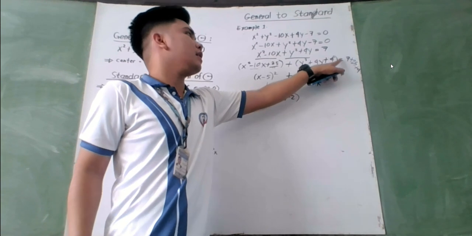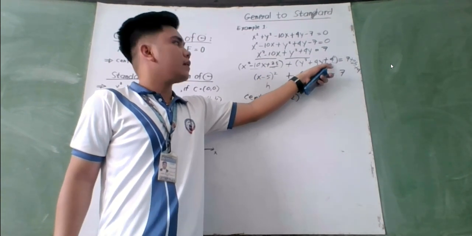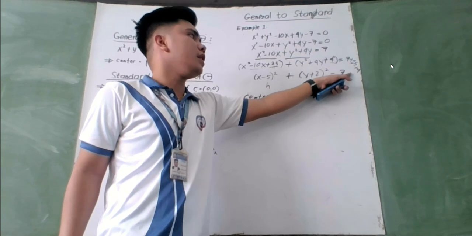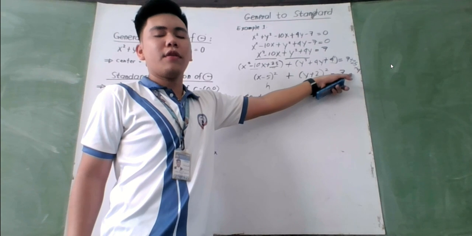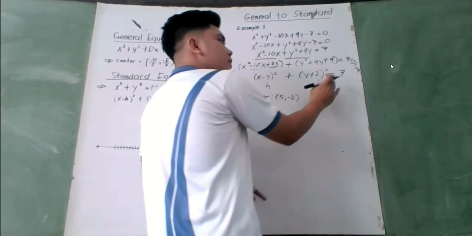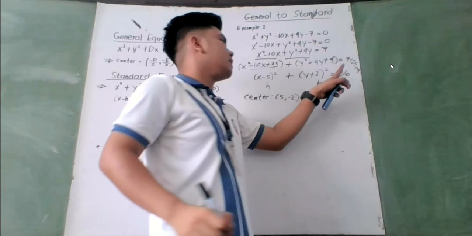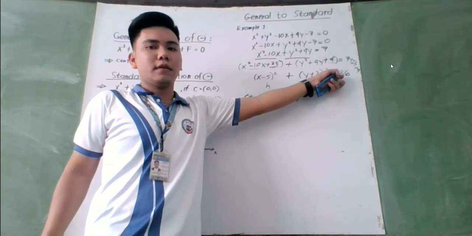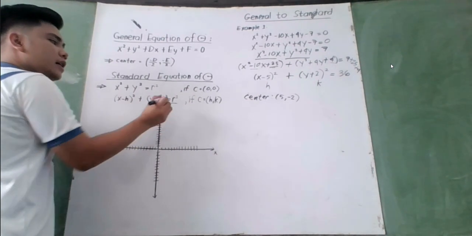Take note. We added 25 here, we added 4 here. We should also add to the right. 7 plus 25 plus 4. What do you think is the answer? That is 36. So this becomes now 36. And take note that this 36 here is not yet the radius, because 36 is equal to r squared.